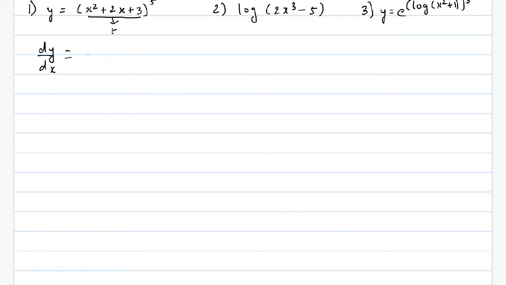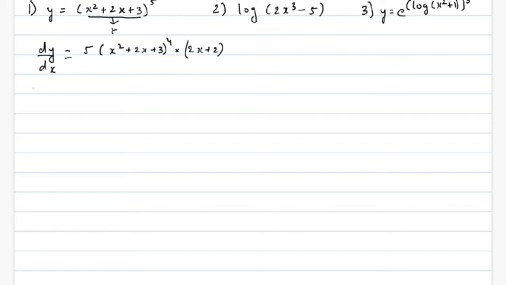So for this t raised to 5, I will get 5 times t raised to 4, or we can say x square plus 2x plus 3 whole raised to 4, and then we will multiply the differentiation of this t. Differentiation of t becomes 2x plus 2. So this is how we can write our final answer. This becomes our chain rule.